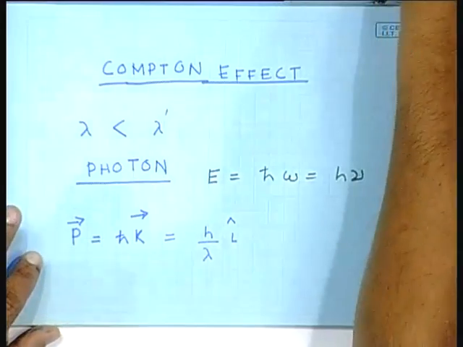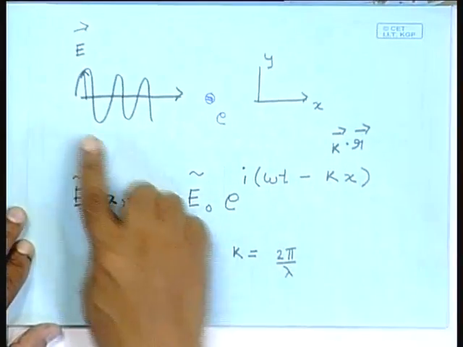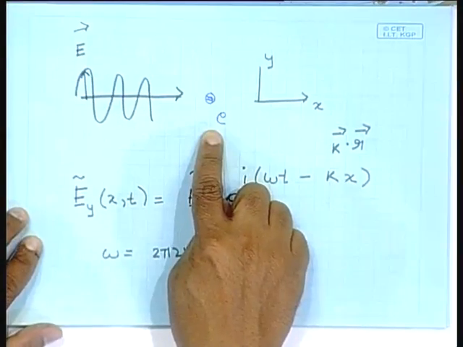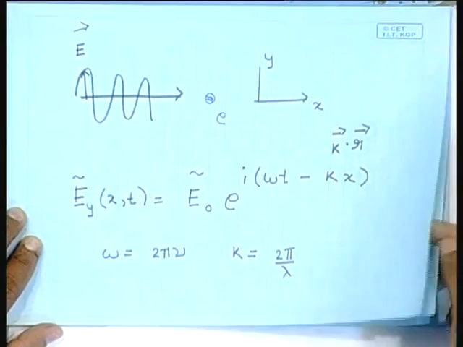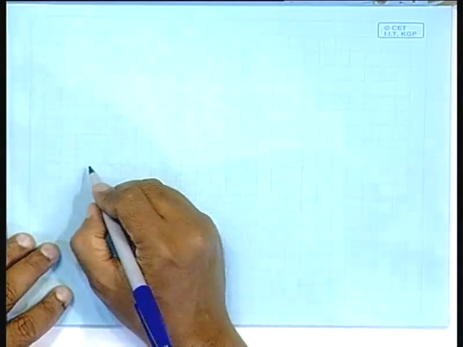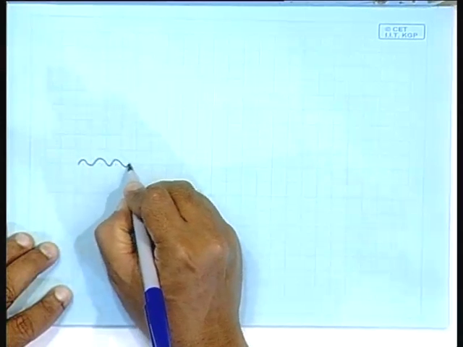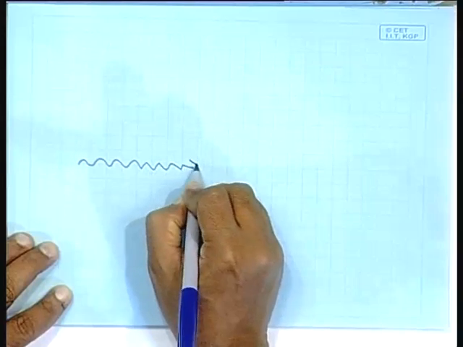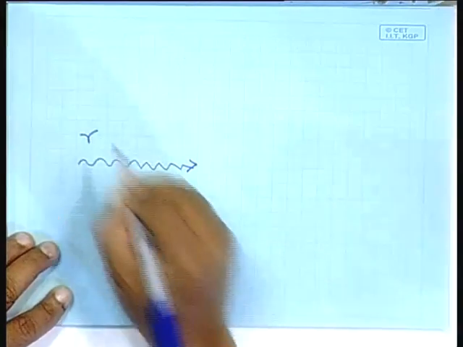So the same situation which we have been discussing, I am going to now draw it again. So we have a photon now. We have a photon propagating along the x axis. So this is my photon, which I am going to denote by a gamma.